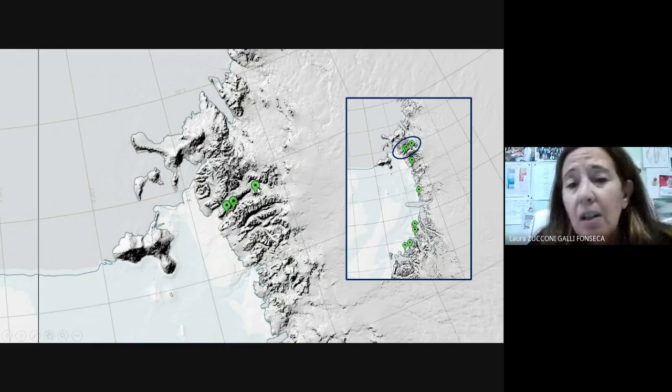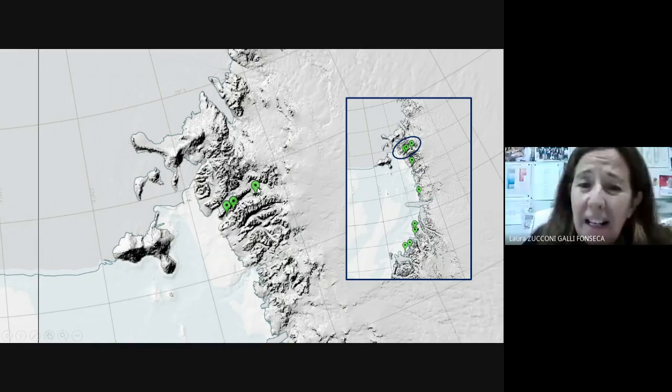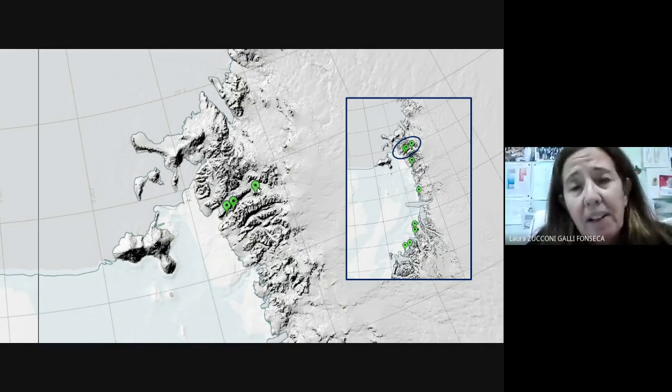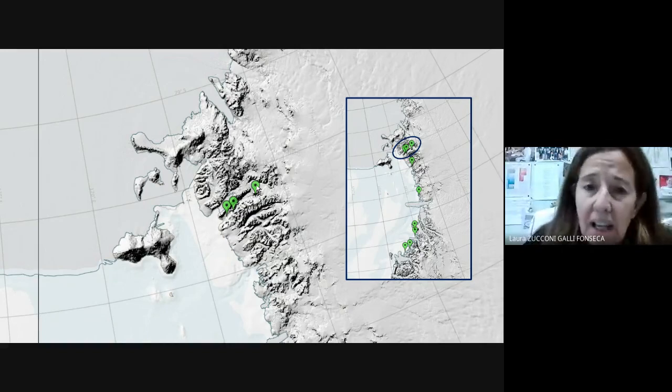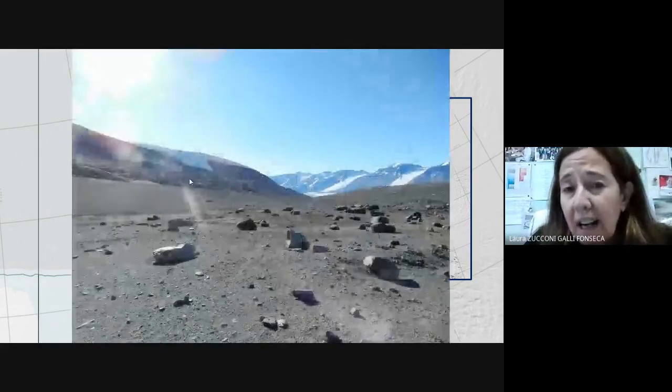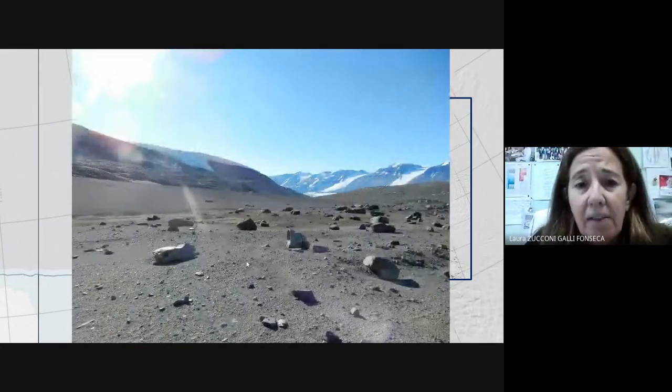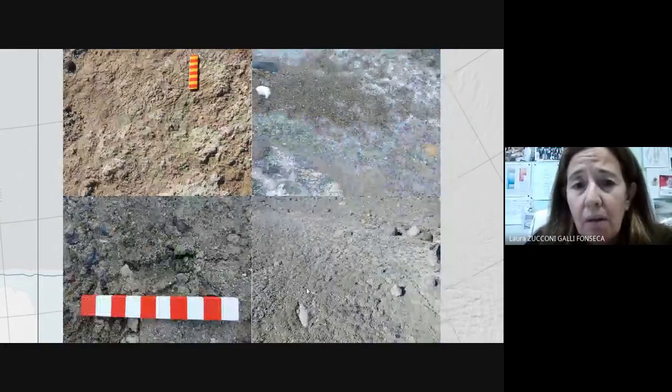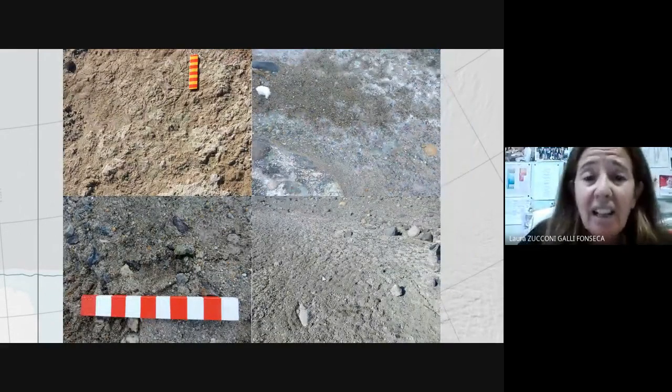And the soil samples were collected close to the lakes, but far enough to avoid the influence of the water environment and the influence of the microbial mats characterizing the edges of the lakes. This is a picture of the landscape of the area, and these are some pictures of the soils that we have collected and analyzed.